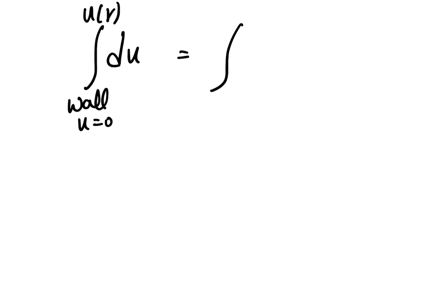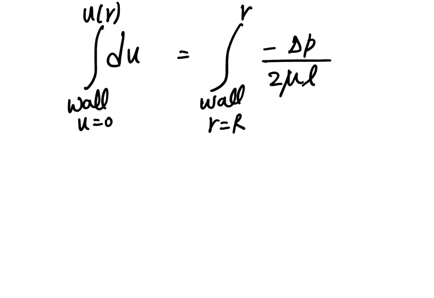This would be from the wall, which is r equals R, to any location r, and on the other side minus delta p over 2 mu L times r dr from R to r.